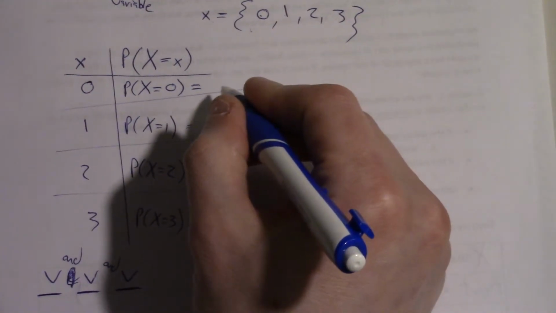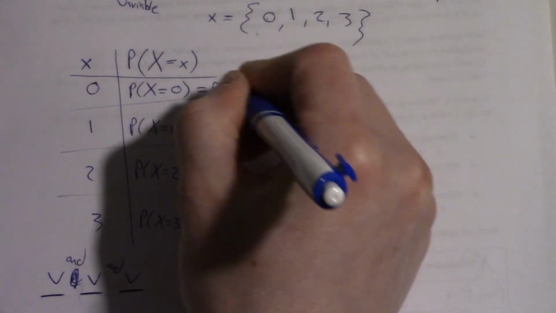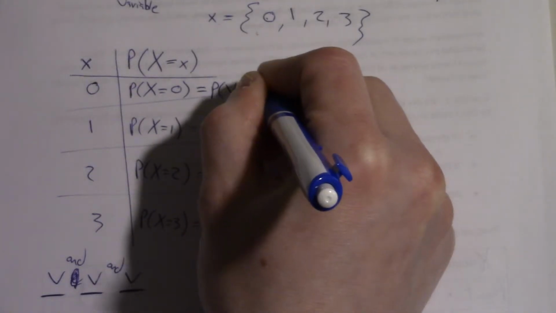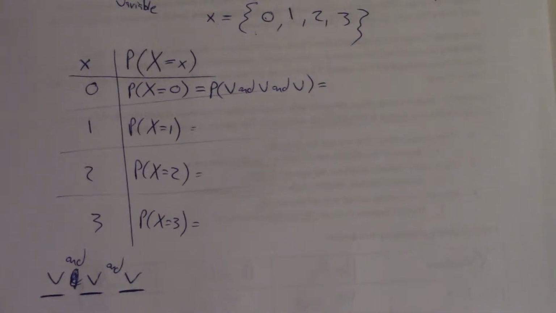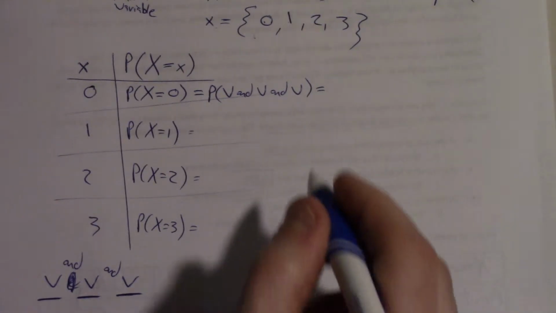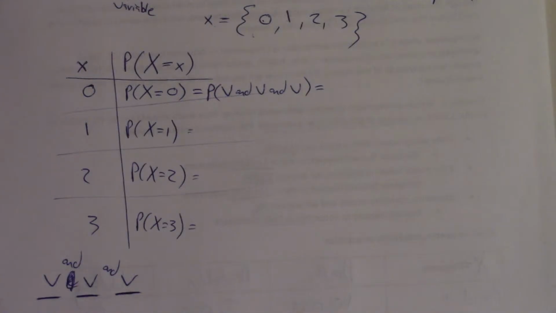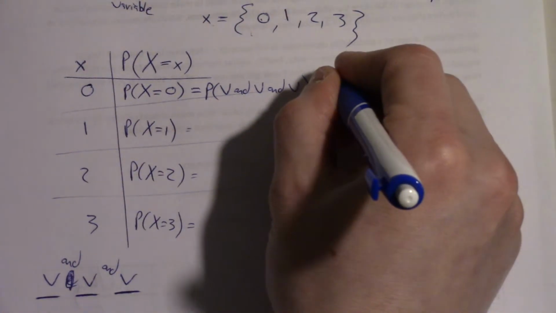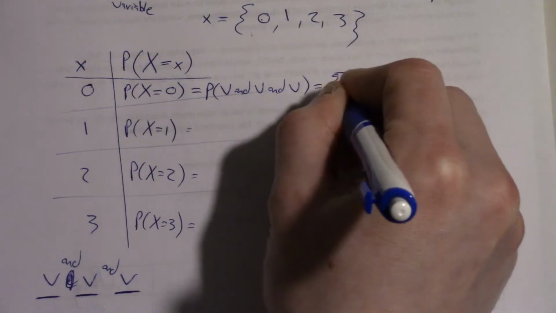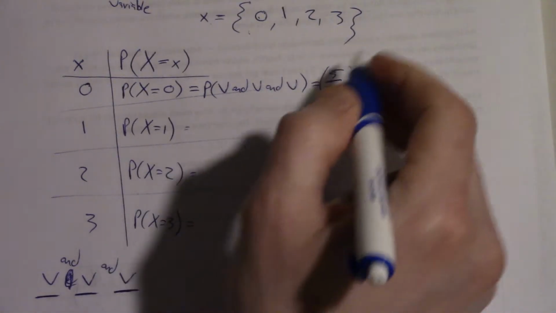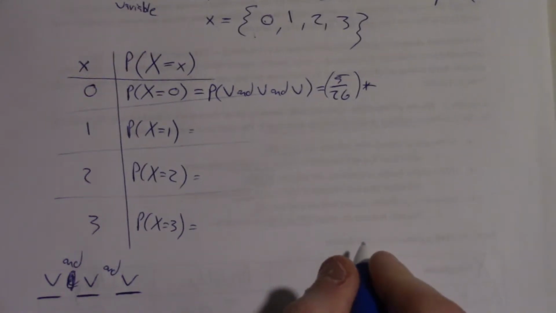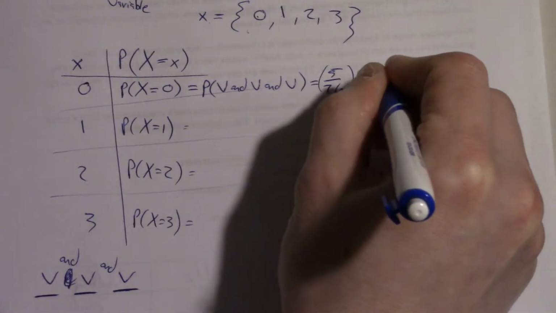So to find this probability, we need to now know what's the probability of vowel and vowel and vowel. So we reach into the hat. What's the probability that the first slip of paper we pull out is a vowel? Well, there are 5 vowels out of the 26 letters. We put it back. What's the probability that the second one is a vowel? So this and is a multiply. It's still going to be 5 out of 26.